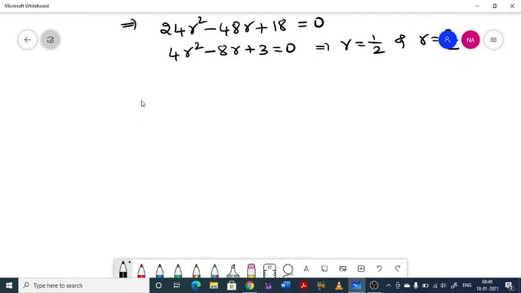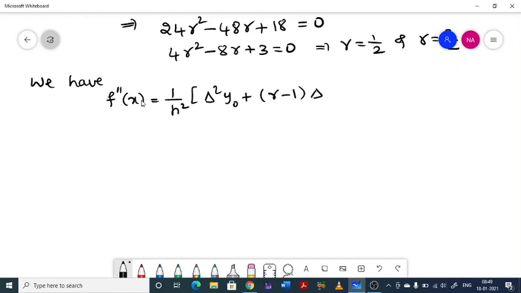Okay, before that we have f double dash of x, let us write the formula, then verify the value of f double dash at the given point. We have f double dash of x equal to 1 by h square into delta 2 y naught plus r minus 1 into delta 3 y naught.